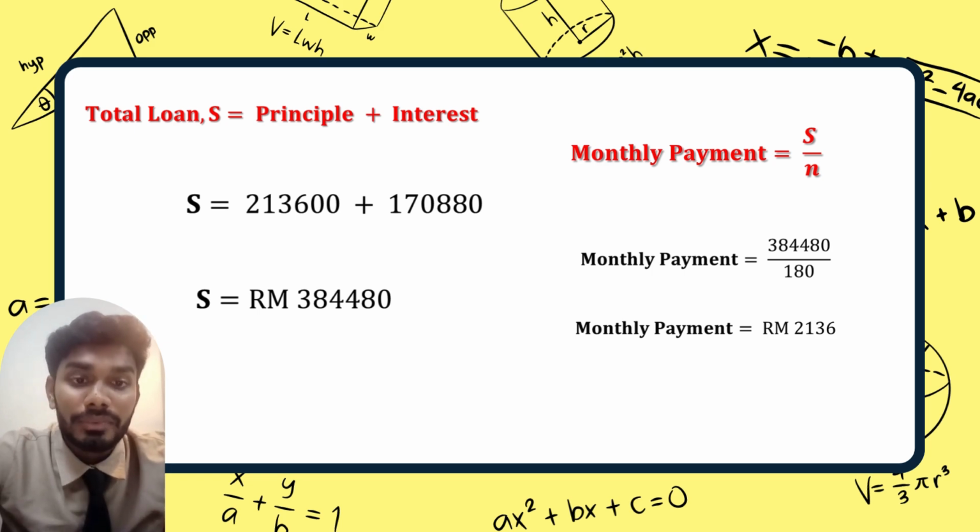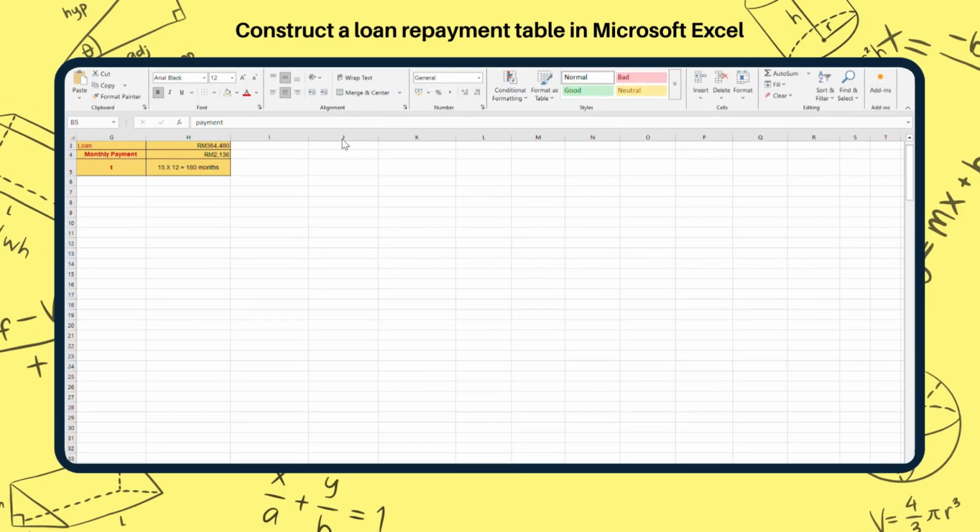Don't panic, this 180 comes from 15 years times 12, which is 180 months. So our monthly payment is 2,136.